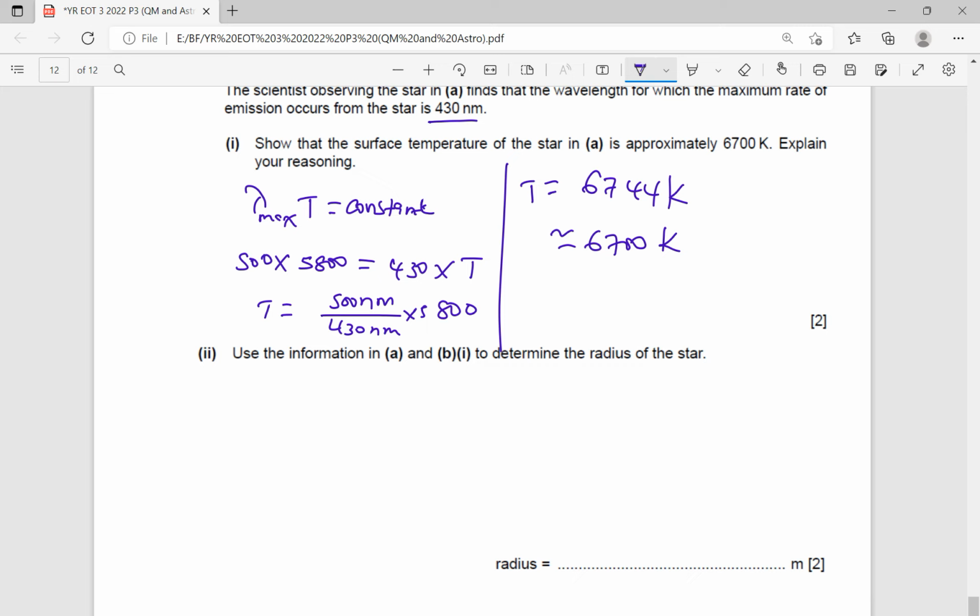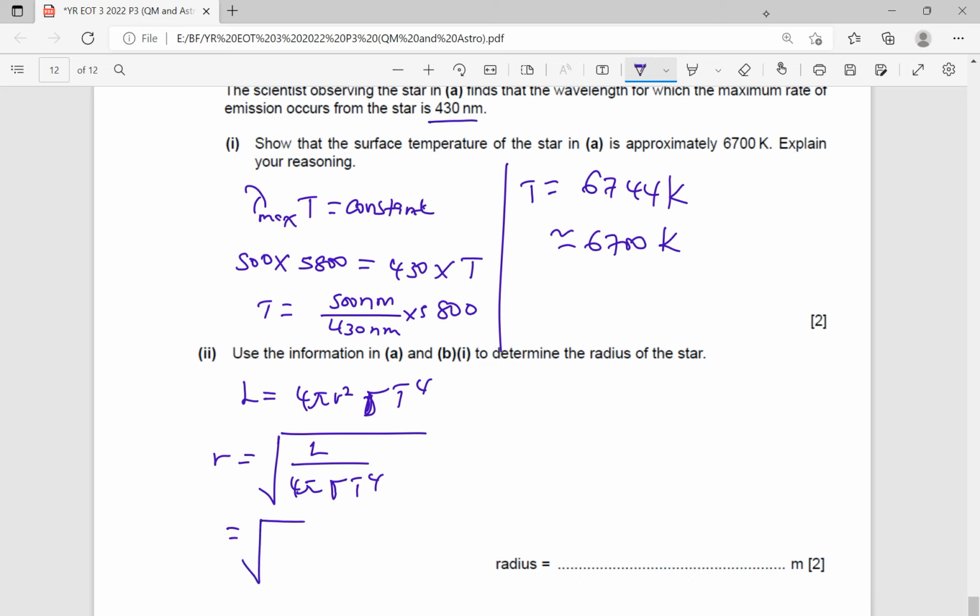To determine the radius of the star, we shall use Stefan Boltzmann's law. Luminosity is equal to 4 pi r squared sigma T power 4. This is Stefan Boltzmann's constant. So the radius is going to be the square root of the luminosity divided by 4 pi sigma T power 4. We now substitute.